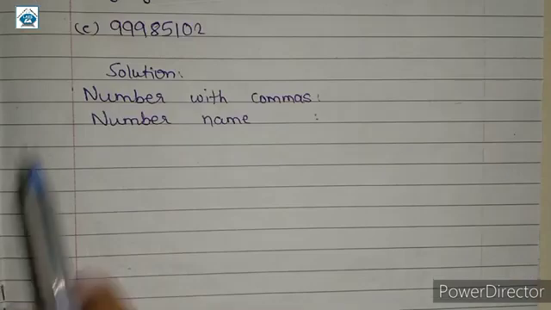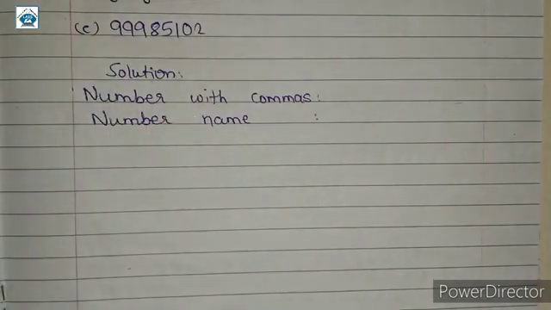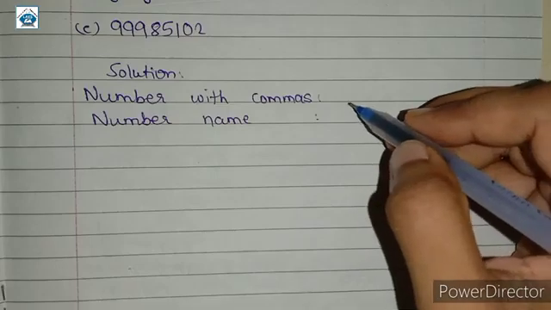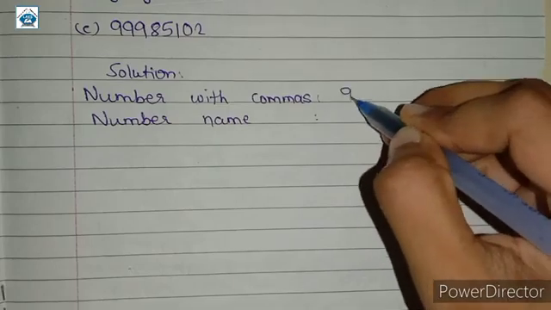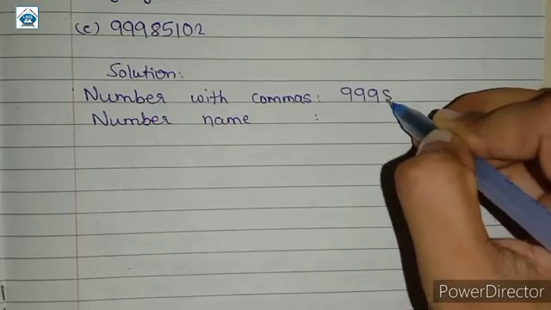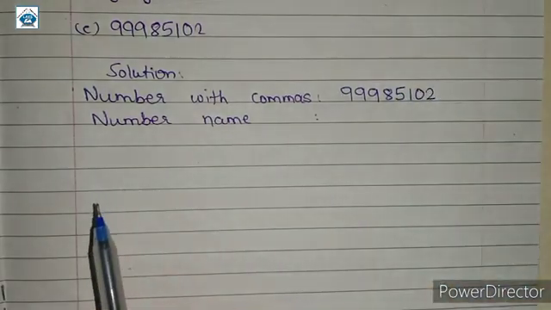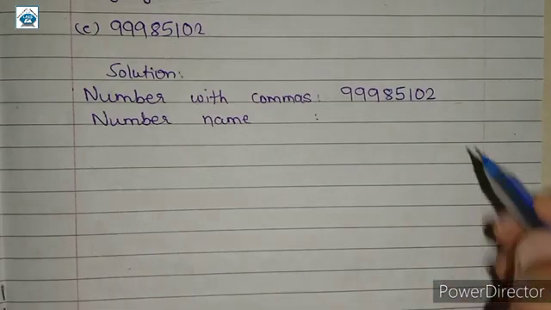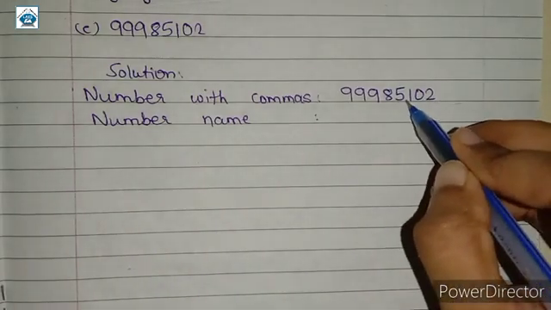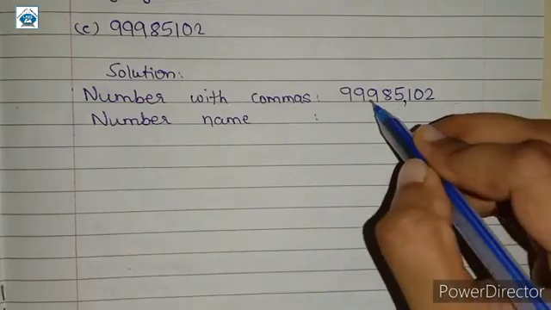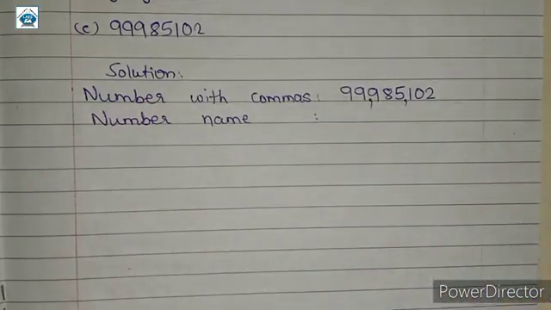In the next part, the number given to us is this, and we need to write the number with commas and the number name just like the previous 2 parts according to the International System of Numeration. So here let us write the number with commas. So here comma after 3 digits, always remember we are going in this direction, and again after 3 digits.